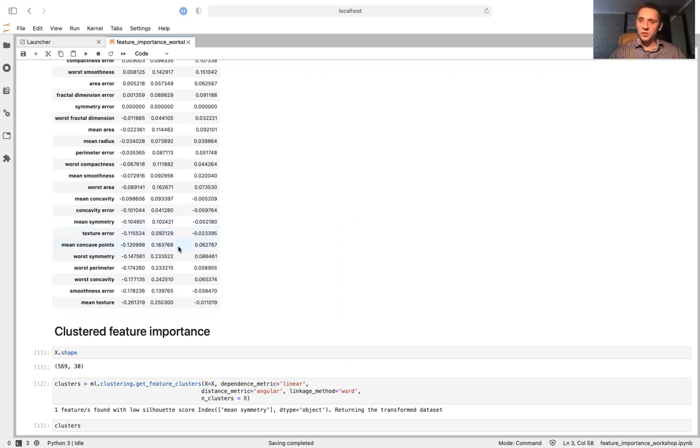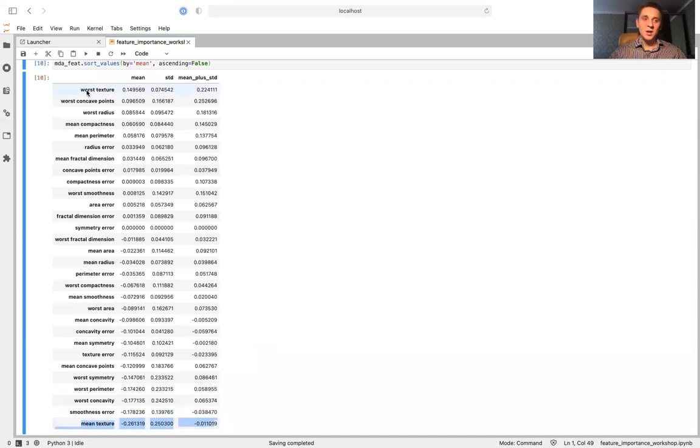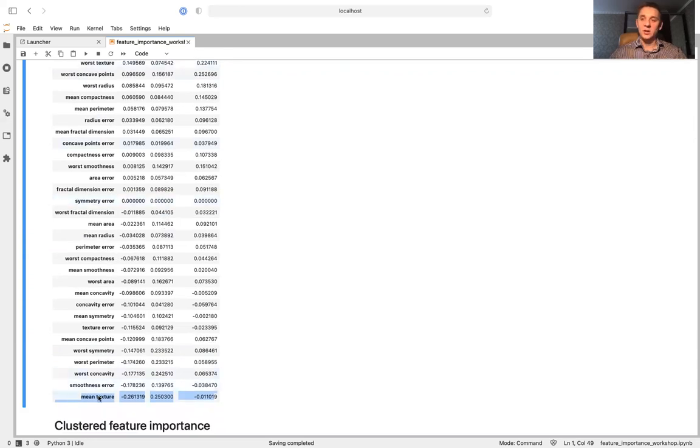One also small note, as you can see, some of the features like mean texture show negative results just because they are quite correlated with worst texture. And that's why they have negative results in MDA. But our logic tells us that actually this feature should also be important. And this is one of the problems with MDI and MDA because they do not take into account substitution effect. And that's where clustered feature importance comes into action.